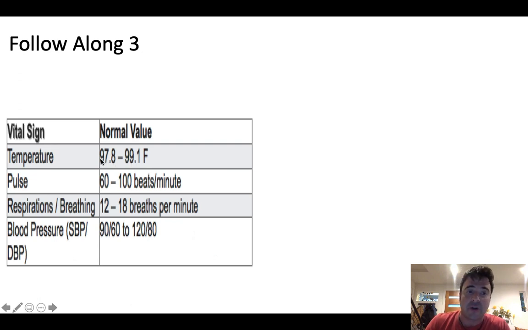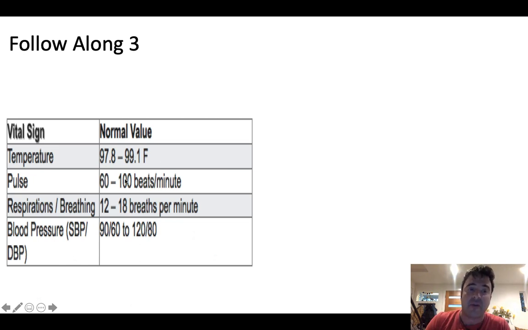If body temperature is ever lower than 97.8, it means it's too low, and that's a condition called hypothermia, hypo meaning below, thermia meaning temperature below normal. If it's ever above 99.1, for example, if you have a fever, that's called hyperthermia, right? A body temperature that's too high. And a body temperature that's too low or too high gives you important information about your patients, right?